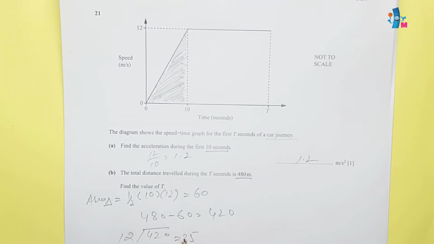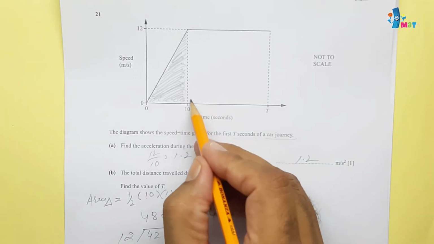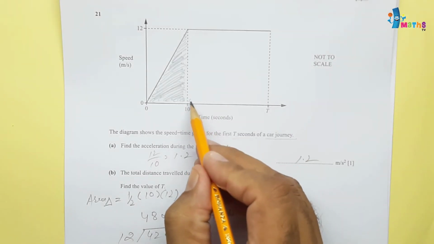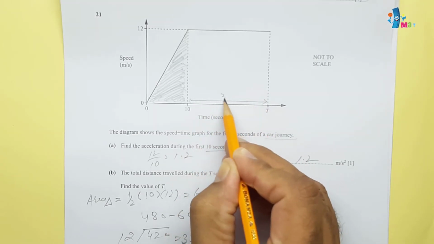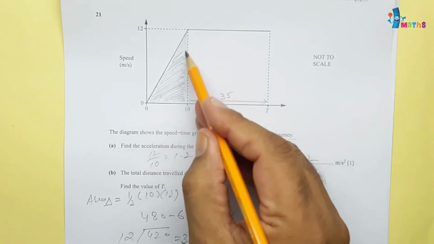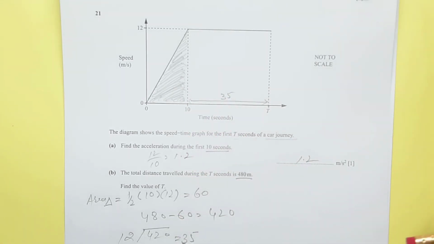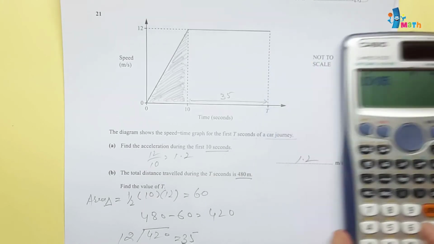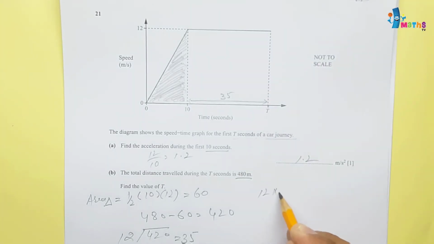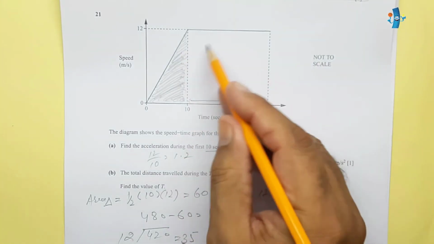So it means that 35 is this distance from here to here, and this side is 12. 12 multiplied by 35 will be equal to 420. This is the area of this section, right?